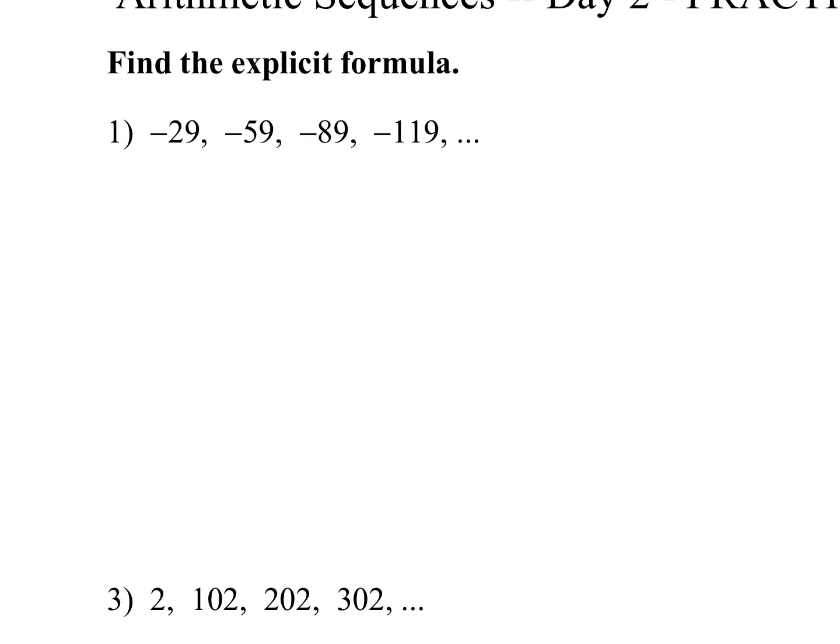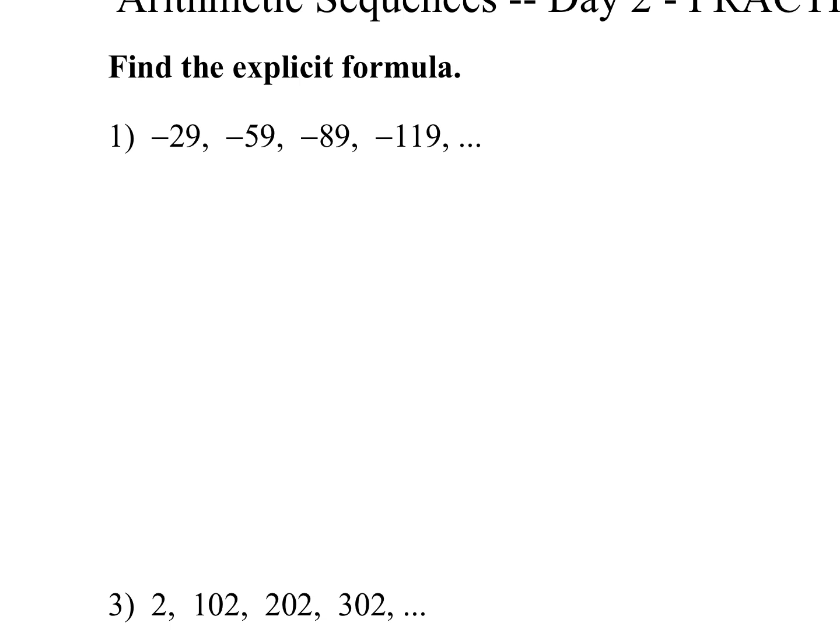So as we look at number 1, they ask you to find the explicit formula. Well, they give us the sequence of negative 29, negative 59, negative 89, negative 119. Now, some of you off the bat might be able to look at this and know exactly what your common difference is and everything like that. Here's what I want you to know. You need to first list out the two things you need.